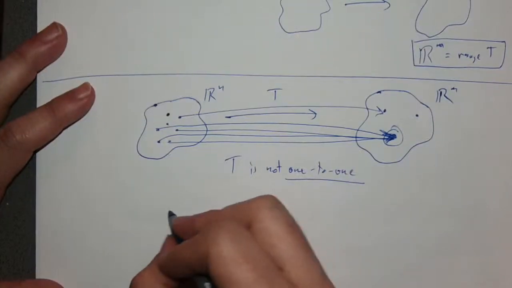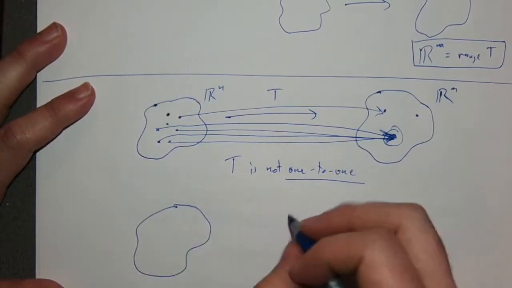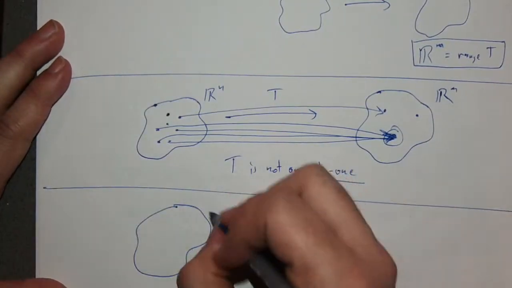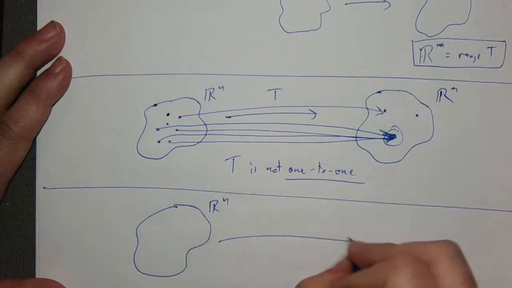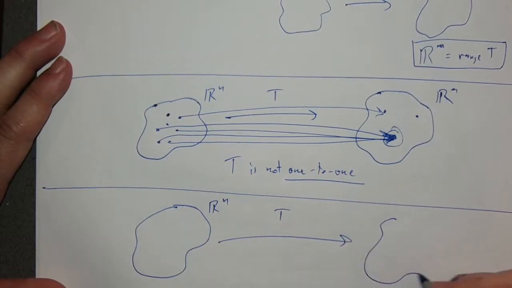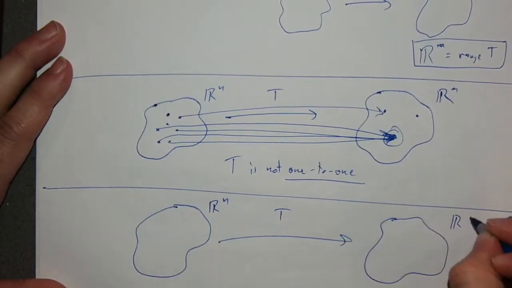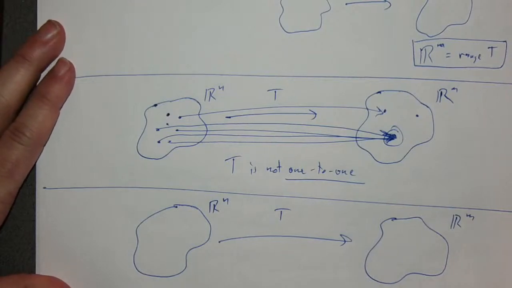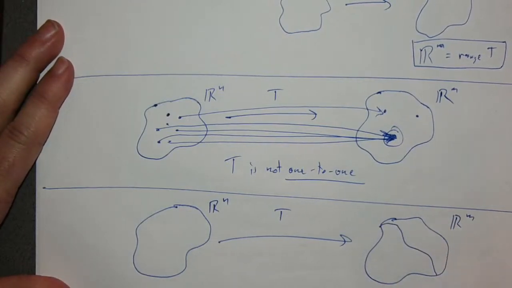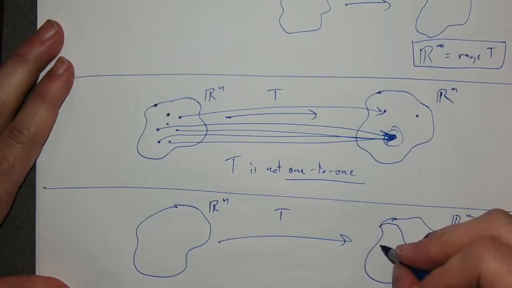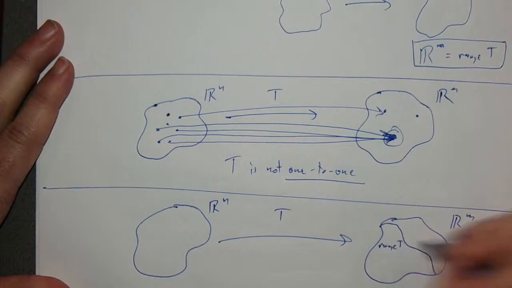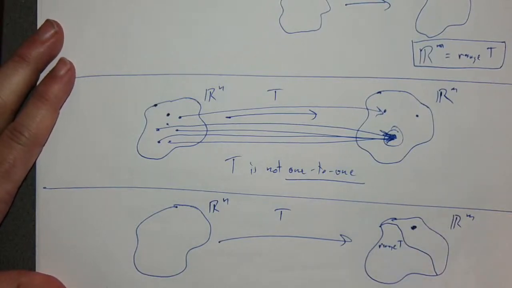All right. So what does it look like if T is 1 to 1? So here's my domain. Here's T. Here's my codomain. And let's say here's my range. So here's range of T. So I have points that are not in the range of T. Nothing goes to them.